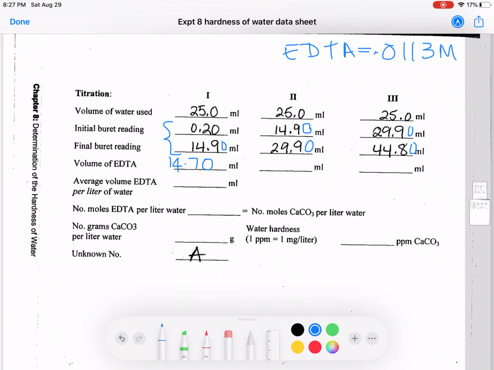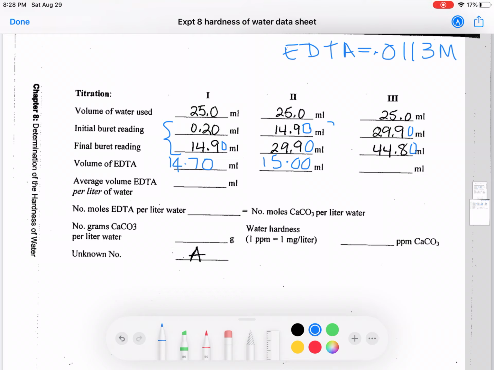Okay? 14.70. What about the next one? 15. You're going to write it as 15? No. If you do write it as 15, I'm going to take points off. Remember the rules for subtraction and addition? You go by the least number of decimal places. So there are 2 decimal places. Even if you don't have anything, you have to put your 2 zeros.